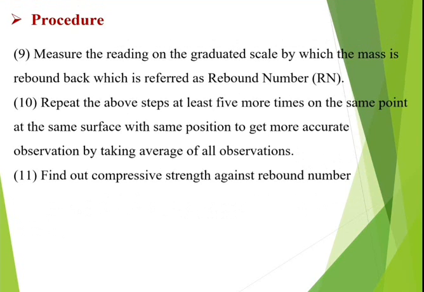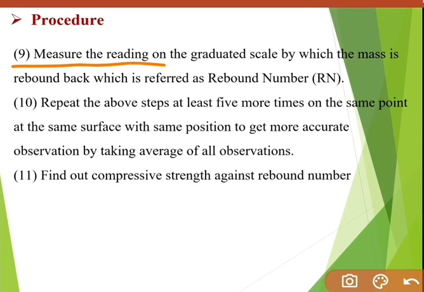Few more points also there. Measure the reading on graduated scale. You have to measure the reading that appears on the graduated scale. 10th, repeat the above step at least 5 more times.